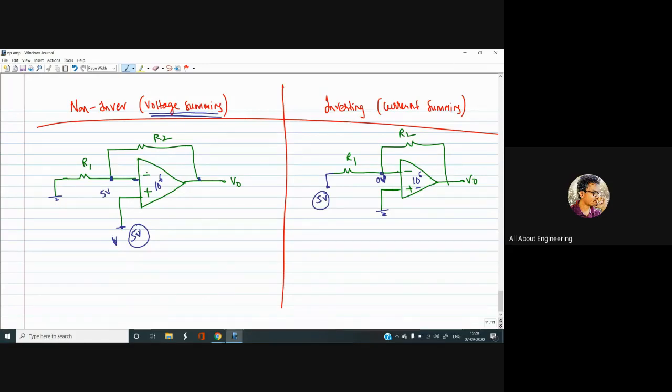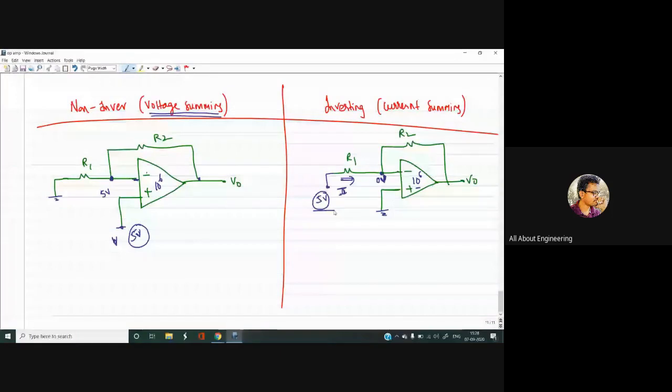The parameter that changes is the current flowing through this resistance R1. Depending on the input voltage that you apply, the current flowing through this resistor changes, but not the voltage at this point.